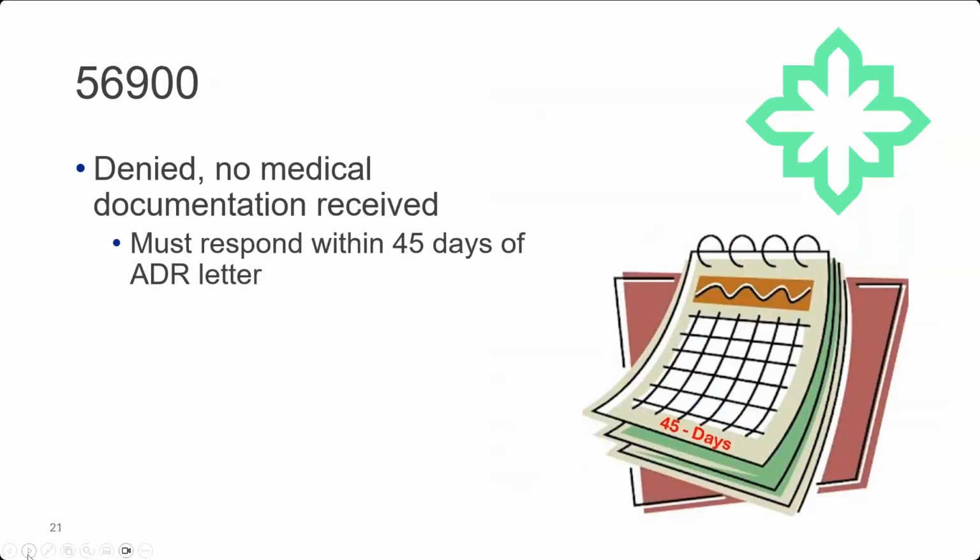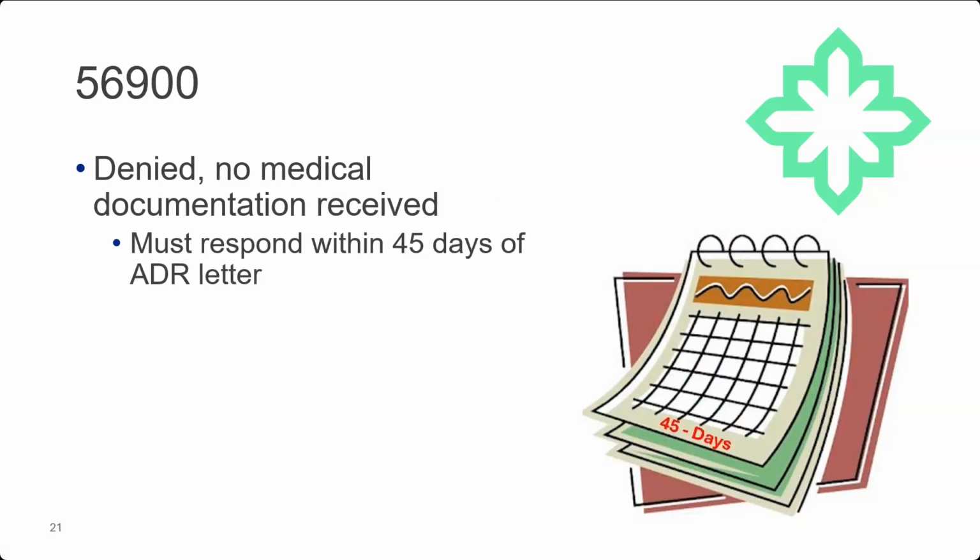All right. And then our last issue is the 56900 denial reason code. This reason code is for no documentation received from the ADR request. Remember, you have 45 days to respond to an ADR request. When a targeted probe and educate is started with your facility, we notify you that it's going to start.